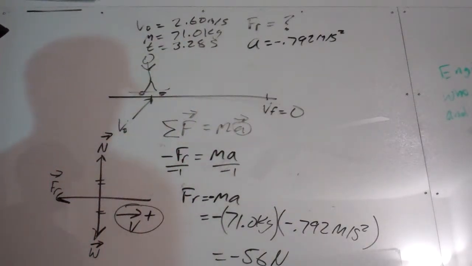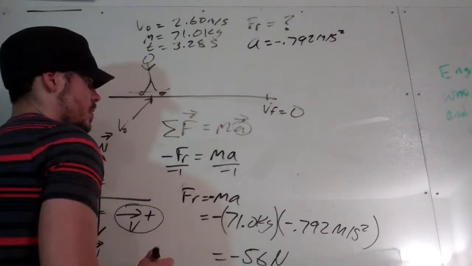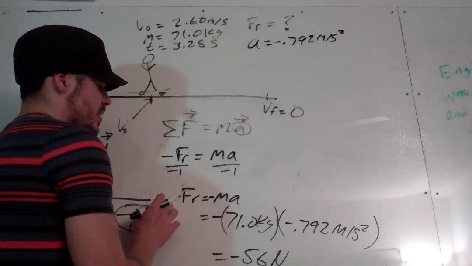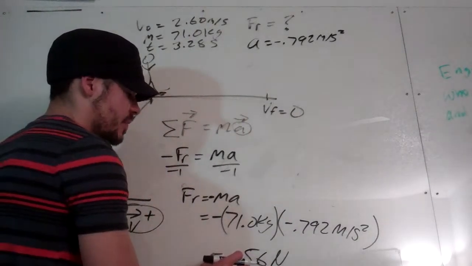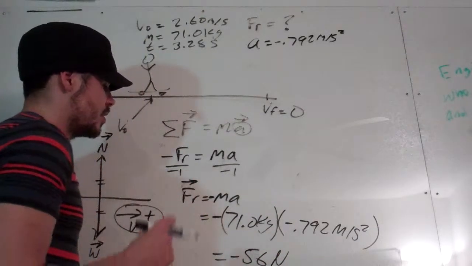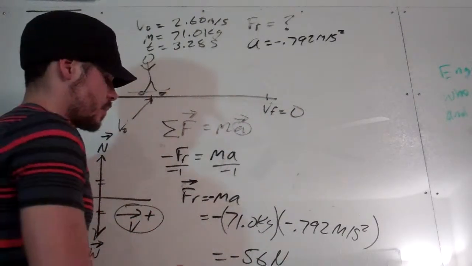So, if we want to know the magnitude, it's just 56 newtons. But if we want to know it as a vector, in this case, we need to know the magnitude and we also need to know the direction.